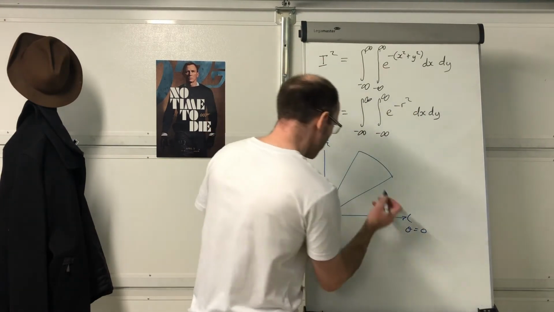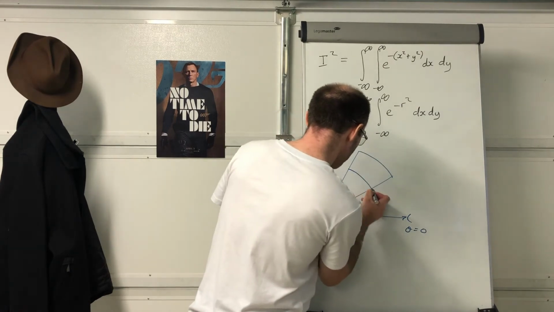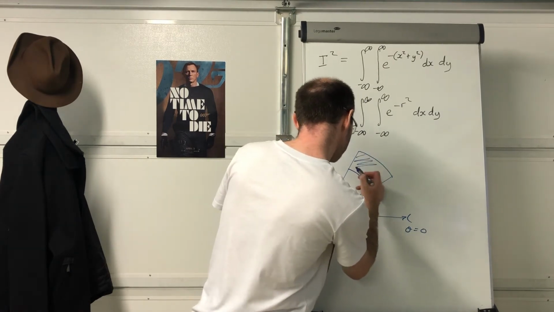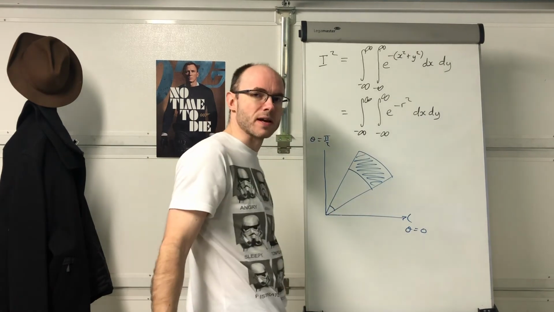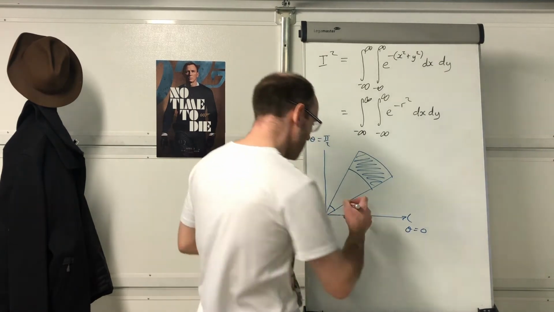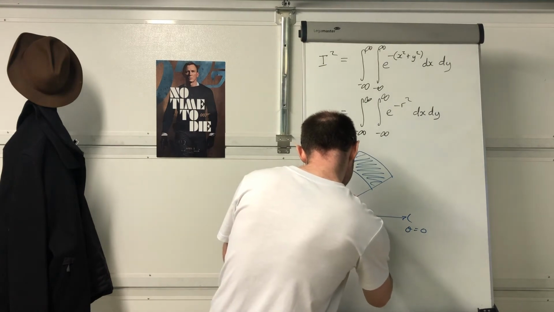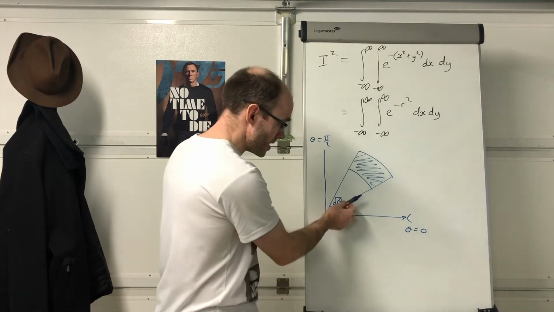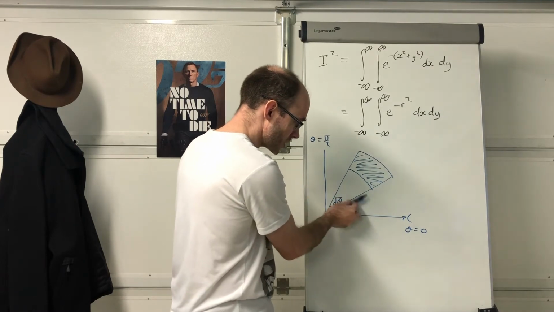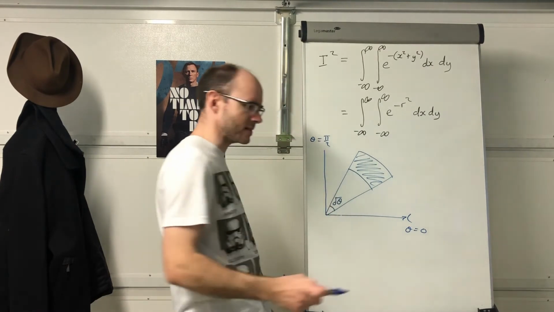I want to just focus on this area here. Now, we tend to use delta x as a small change in x. I'm going to use delta theta to represent a small change in angle. Between here and here, there's a small change in what the angle actually is.